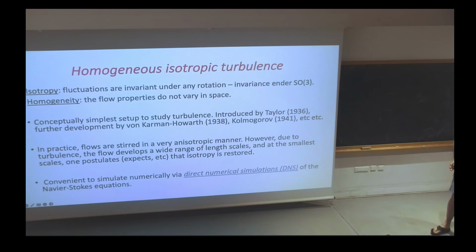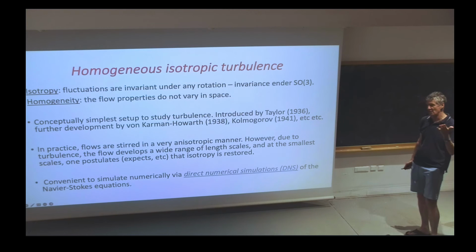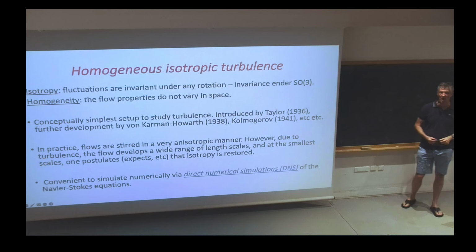Okay, so there is one part which I will not mention, but being a physicist, I'm close to experimentalists. So doing it experimentally is possible. It's hard. You also have to address all the questions that I've been saying: how do you make sure that the flow you're looking at is really isotropic, homogeneous, etc.? Not simple, but there are some discussions that you can have. But here I will be using the fact that it's a great setup for doing simulation.